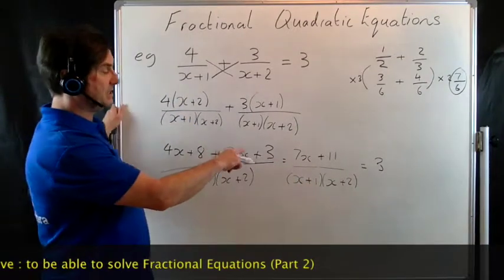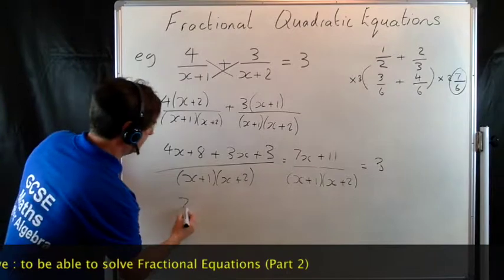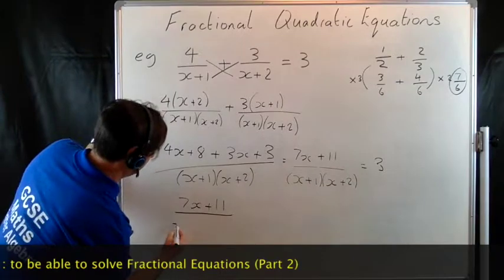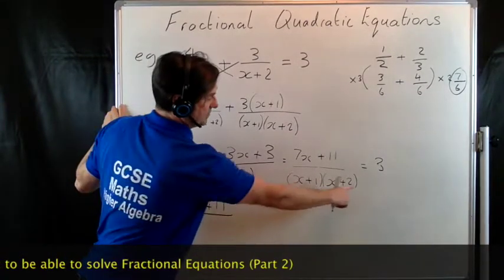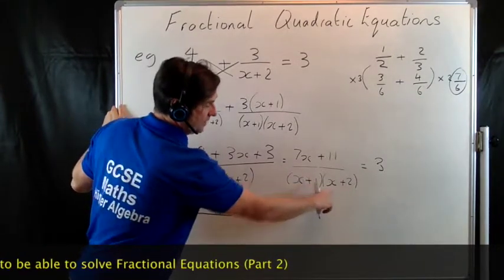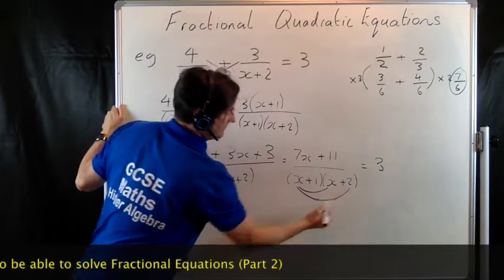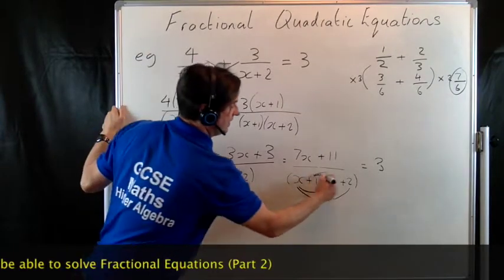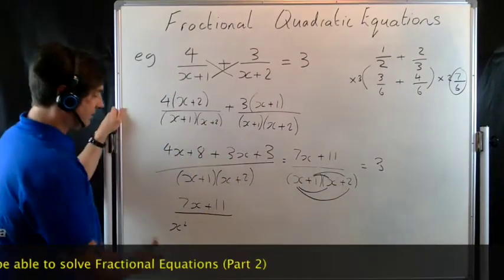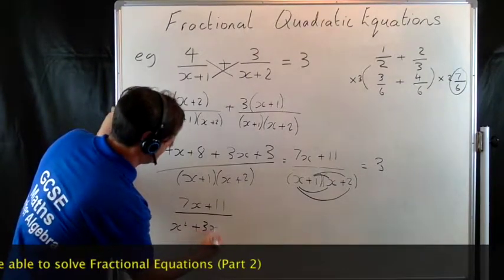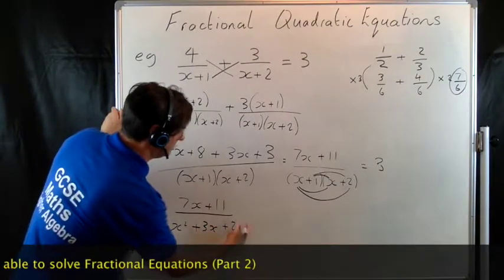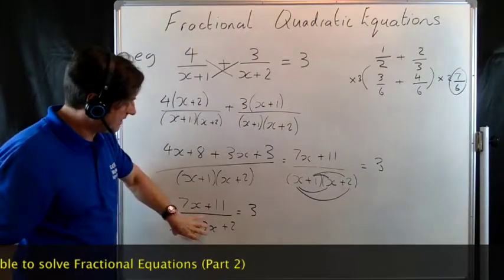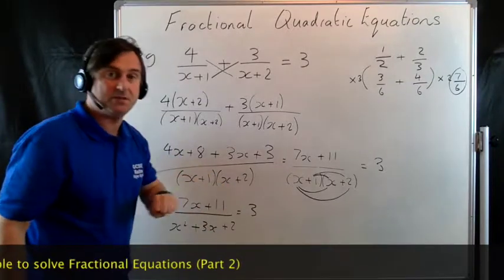I've still got 7x plus 11 on the top, but on the bottom, x times x is x squared, x times 2 is 2x, and 1 times x is x, 2x add x is 3x, and finally 1 times 2 is 2. So I end up with x squared plus 3x plus 2 equals 3.